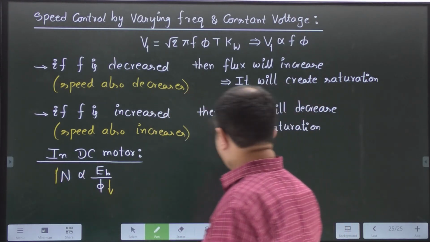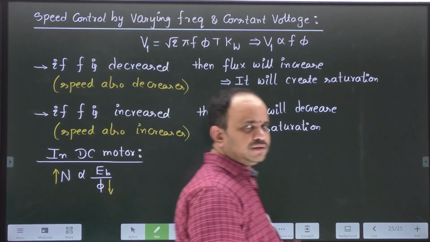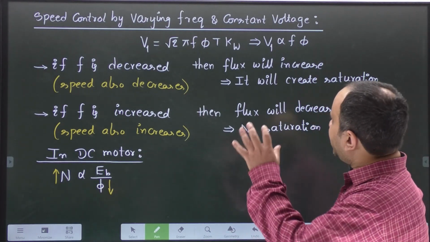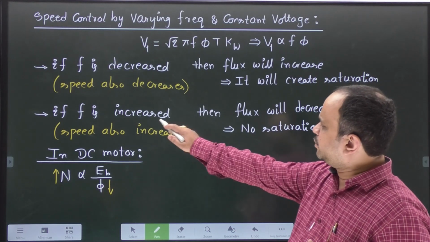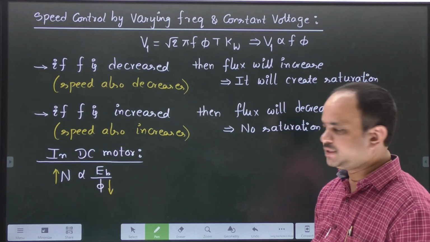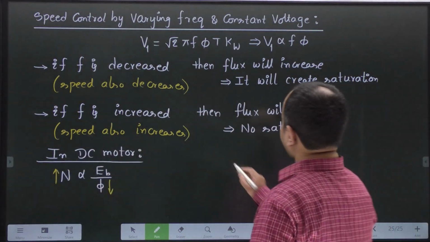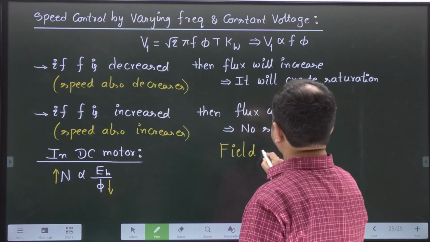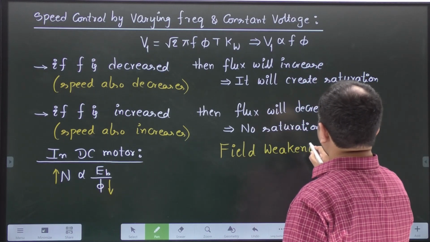Exactly the similar situation is replicated in the induction motor. By maintaining constant voltage to the stator of the motor, if you increase the frequency, then flux will decrease, so that speed increases. This particular concept, you can also call the field weakening method, similar to DC machines.